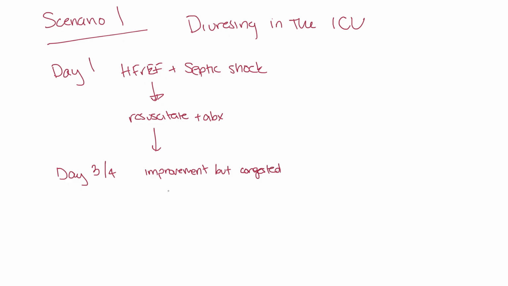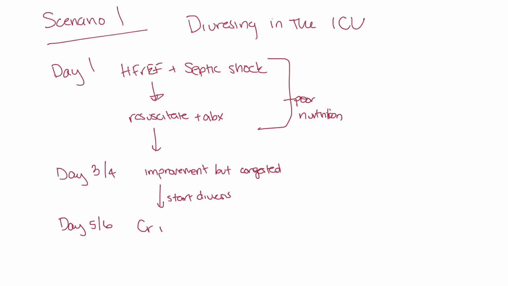And so now you start your diuretics. Start diuresis, and then on, say, day 5 and 6, because this patient has had poor nutrition this whole time, you start to see a creatinine bump already.